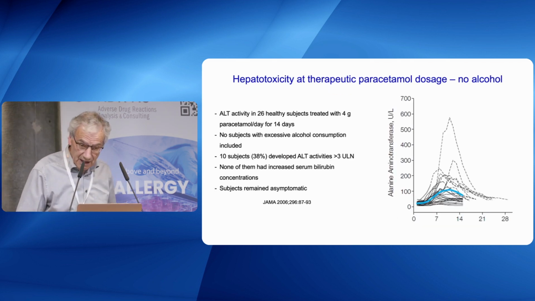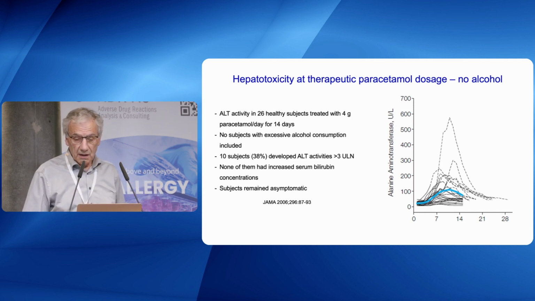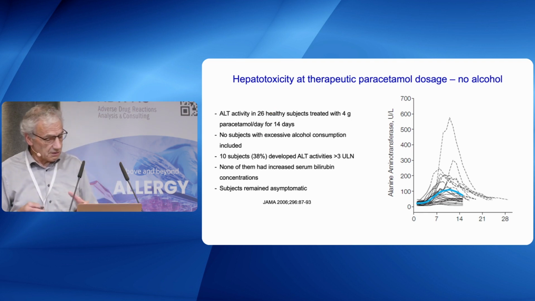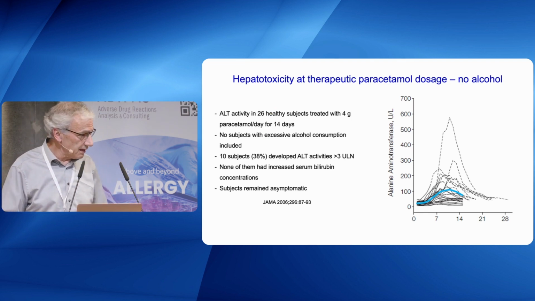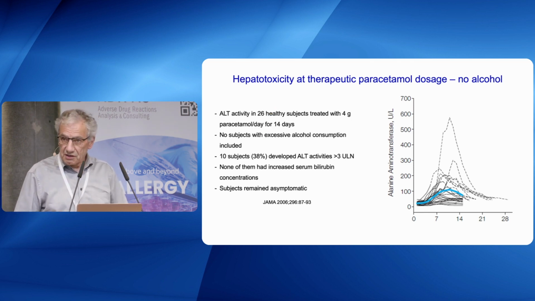And we have that also in patients that are not ingesting too much alcohol. You see, this is a study that was done in normal subjects, 26. They were treated with 4 grams only. This is what we usually tolerate. And these were subjects not ingesting too much alcohol.